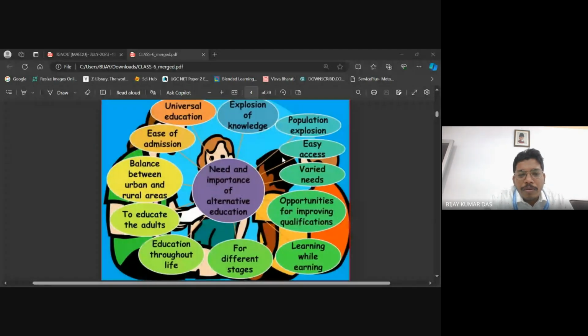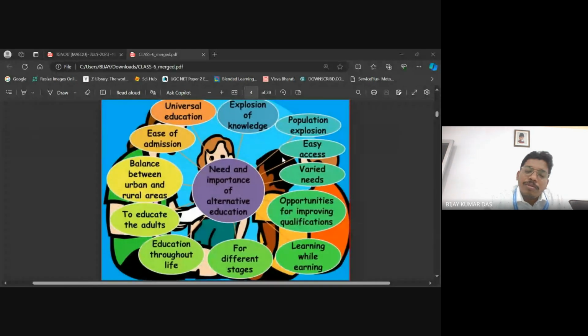First one we will talk about explosion of knowledge, right? When there is limited seat admission, limited facilities, the people are not getting proper facilities.